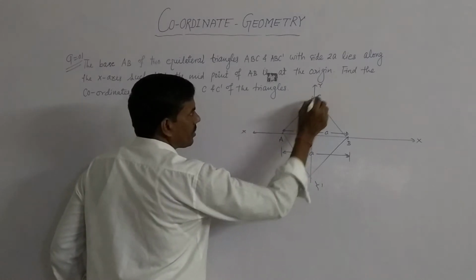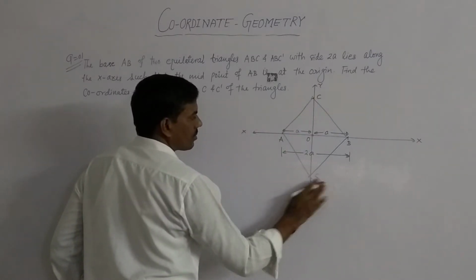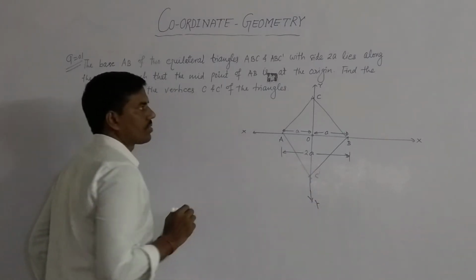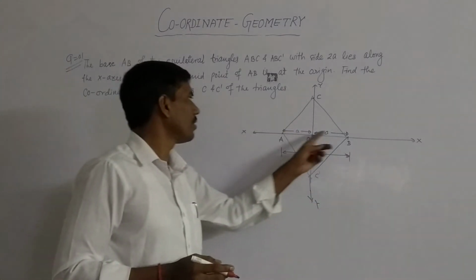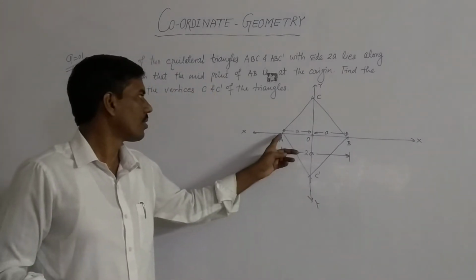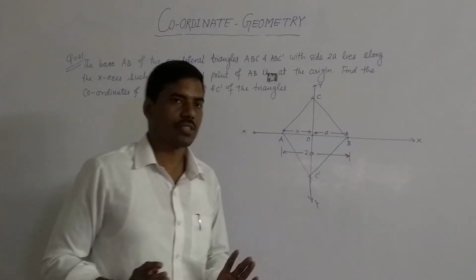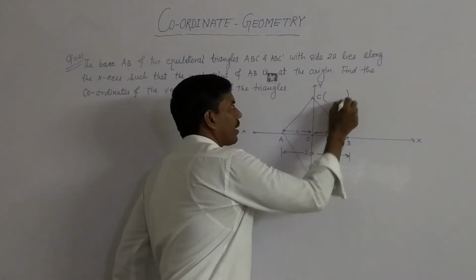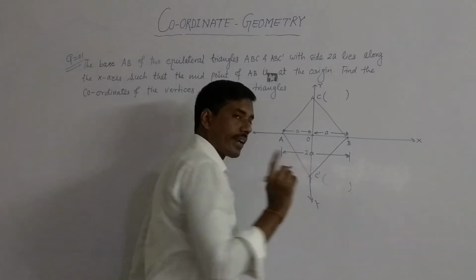This one is C and this one is C dash. The vertex of triangle ABC is C, and C dash is the vertex of triangle ABC dash. We have to find the coordinates of C and C dash.